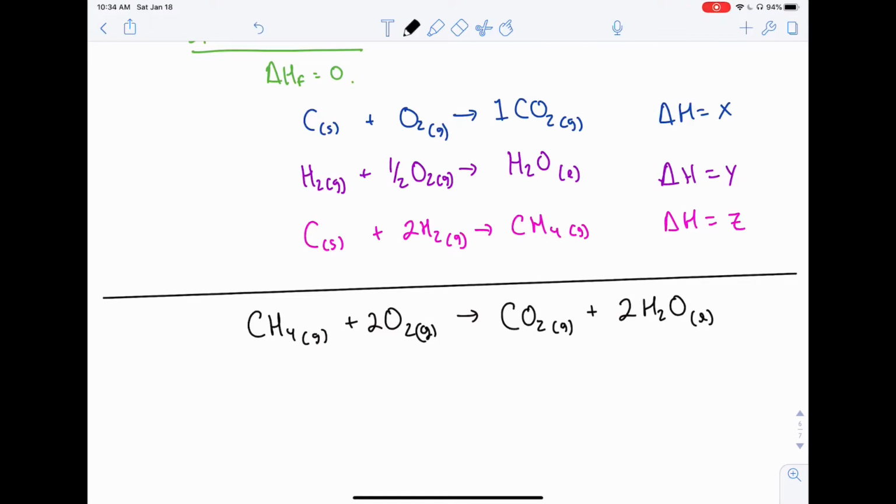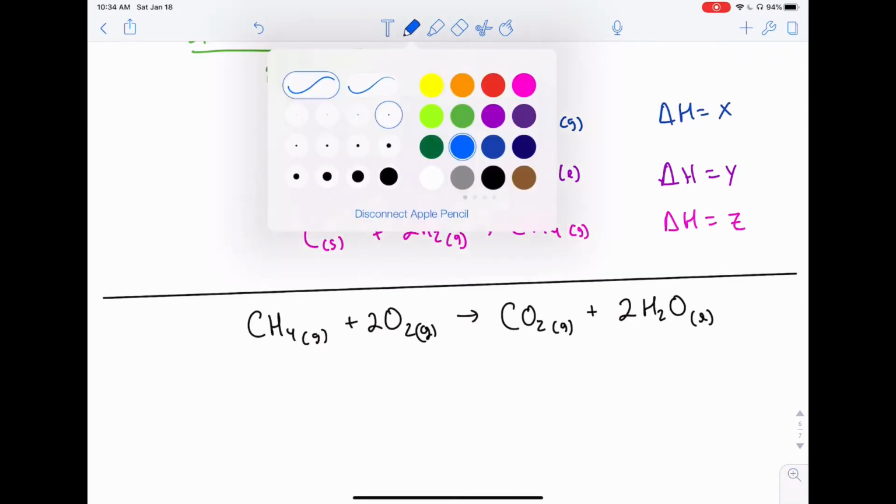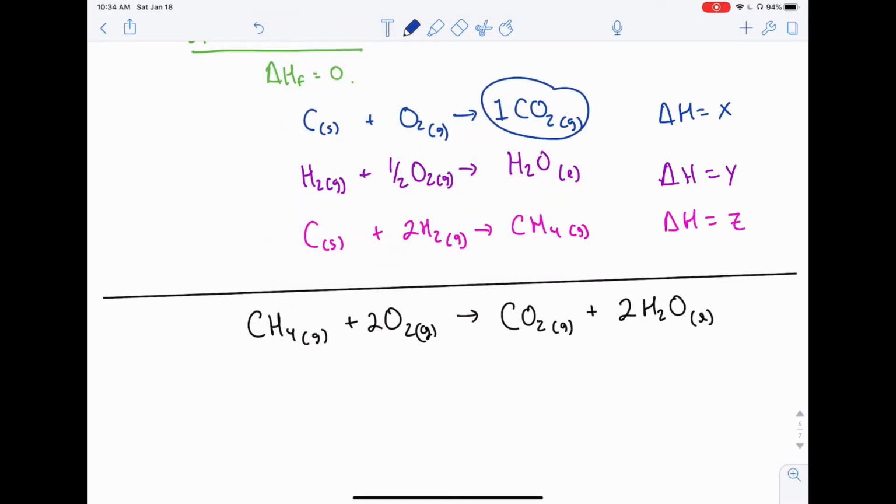Hess's law. Hess's law. Okay, so find unique things and manipulate the reactions. Okay, so CO2 is already on the correct side. We leave it alone. H2O, correct side, but multiply by 2. So this becomes 2H2 plus O2 yields 2H2O. So that is now 2Y.